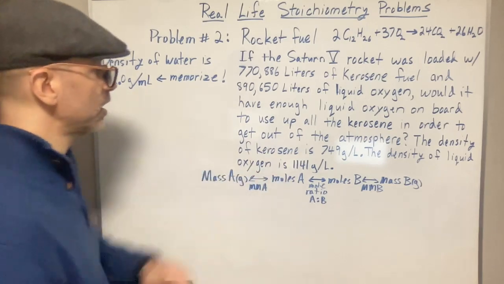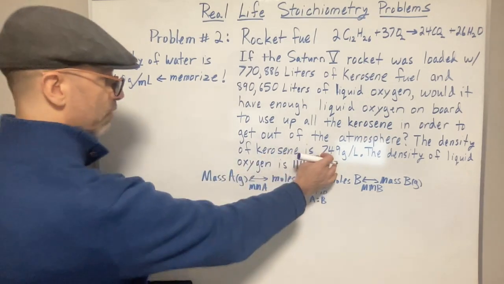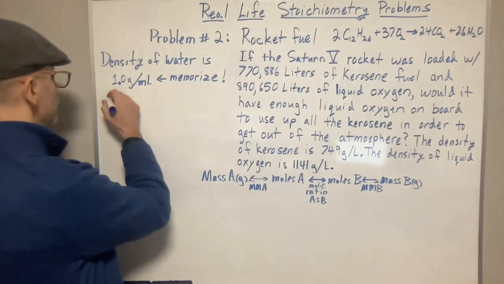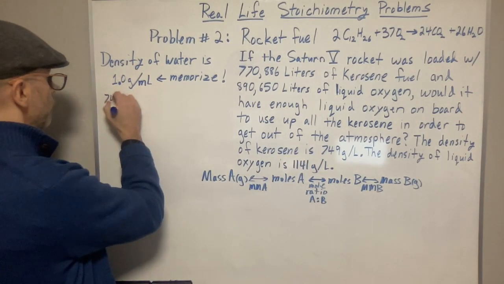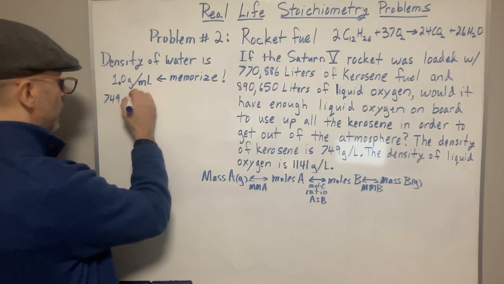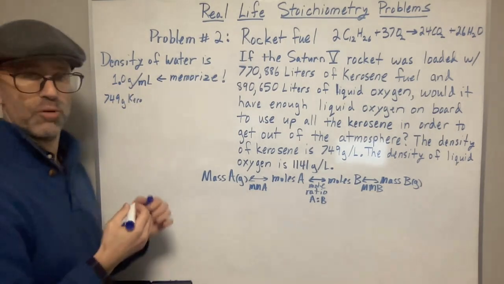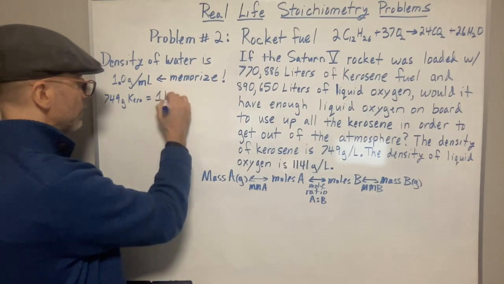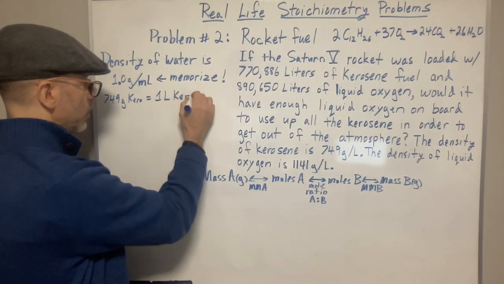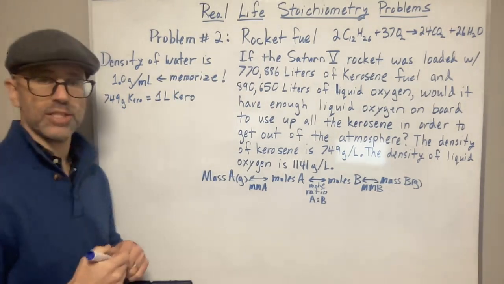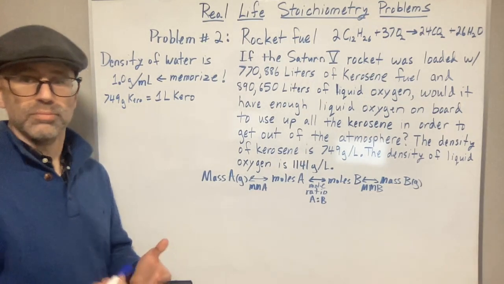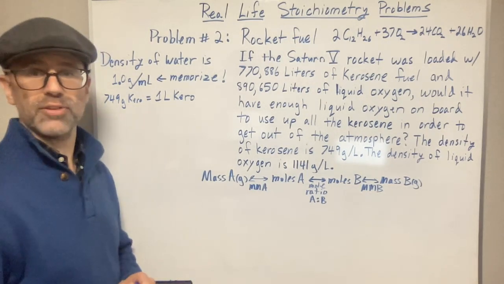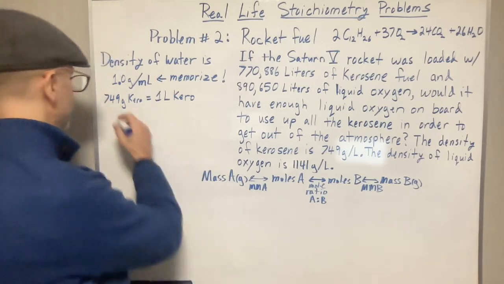So the density of kerosene they gave us is 749 grams. So 749 grams of, I'll just say kero for kerosene, is equal to 1 liter of kerosene. Okay, so what else? They gave us the density of liquid oxygen.